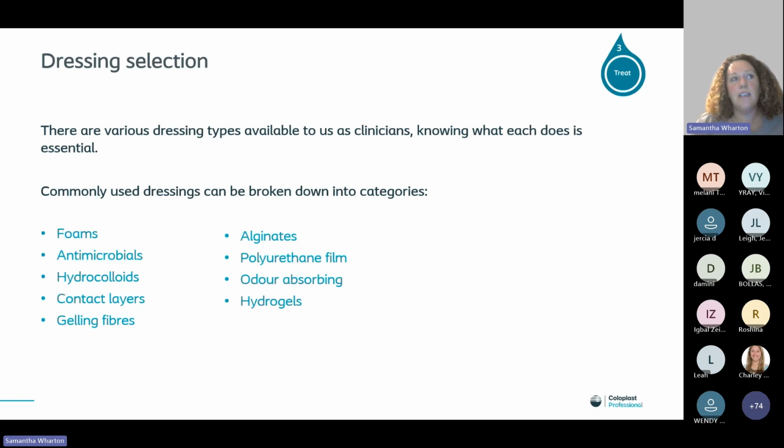Being a tissue viability nurse, I've seen many layering of dressings, and it's really counterproductive in what's trying to be achieved. So, you know, wound care doesn't have to always be complicated, and I think sometimes we make it a lot more complex, and actually just simplifying it and choosing the most appropriate dressing can actually have a much better outcome.